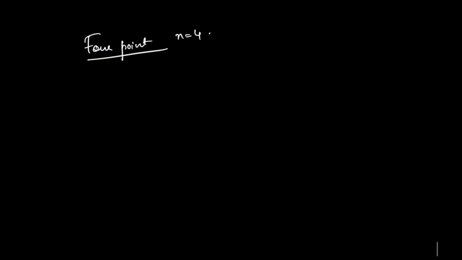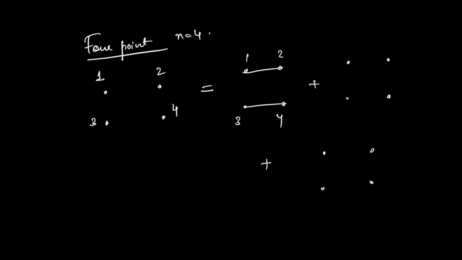For example, if you have a 4-point function, which means n is equal to 4, an even number, then I have 4 points, 1, 2, 3, 4. This is equal to the summation of different possible pairs. If I have 1, 2, 3, 4, I can pair 1, 2 and 3, 4. Otherwise I can pair 1, 3 and 2, 4.